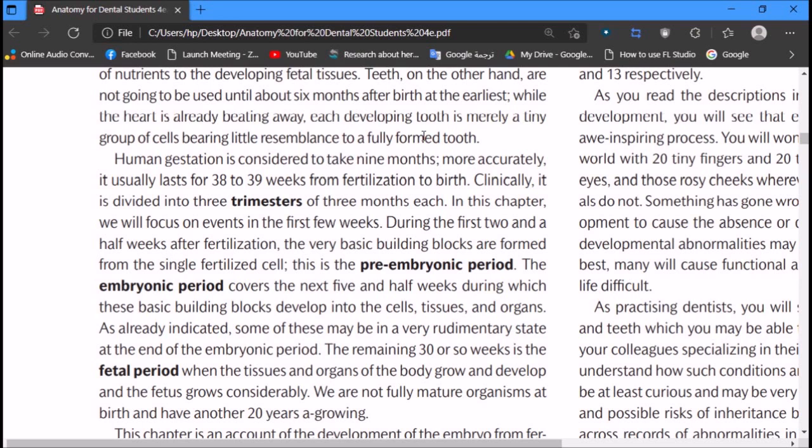What creates this difference between these cells? All cells within the body contain the same genetic information, with the exception of red blood cells that lack nuclei, and the gametes, ova and spermatozoa, that only contain half the genetic information.